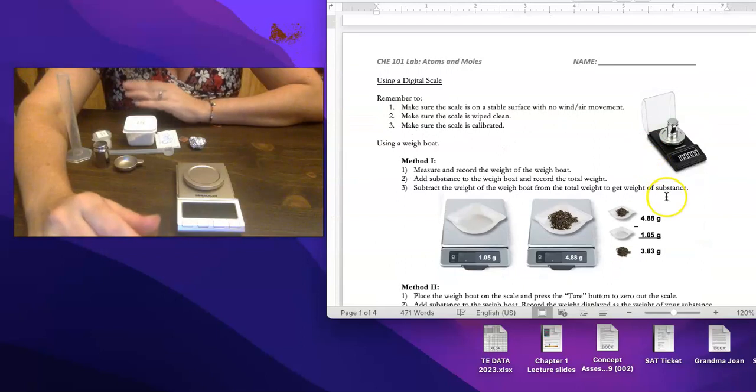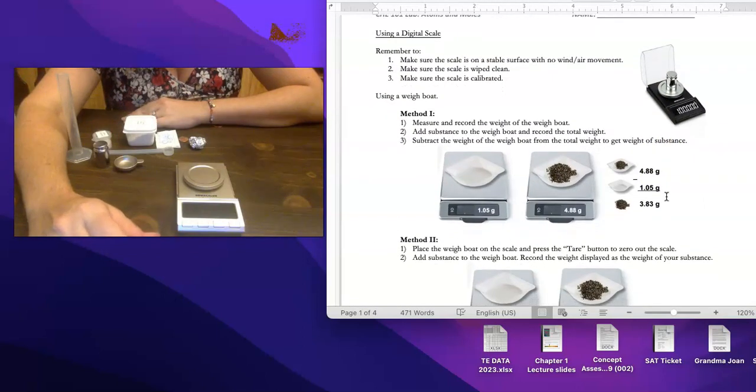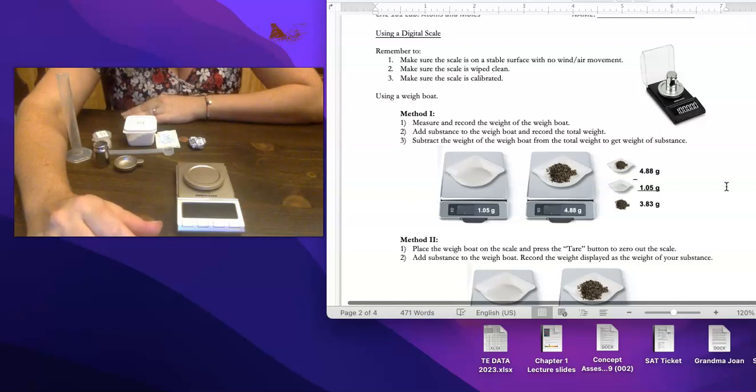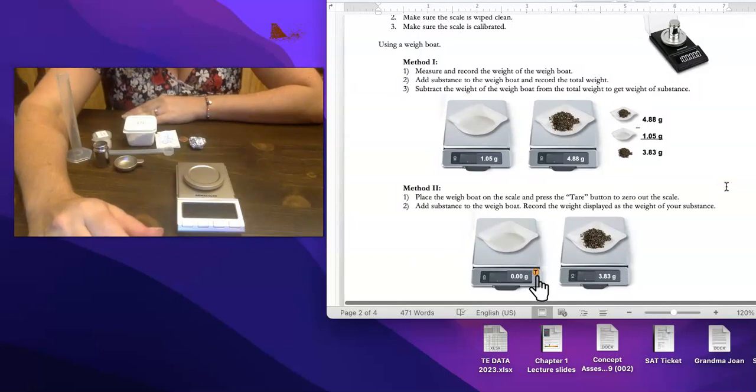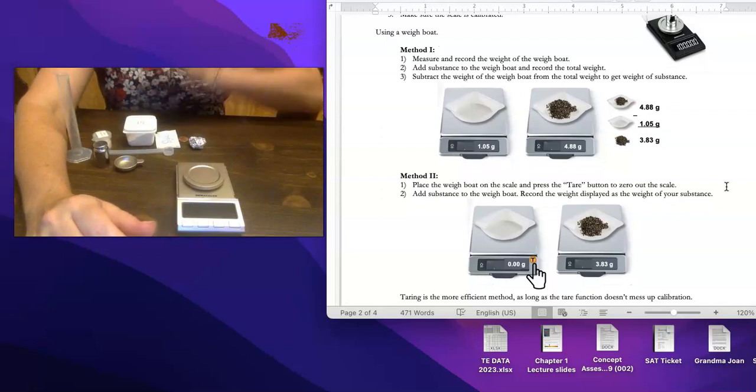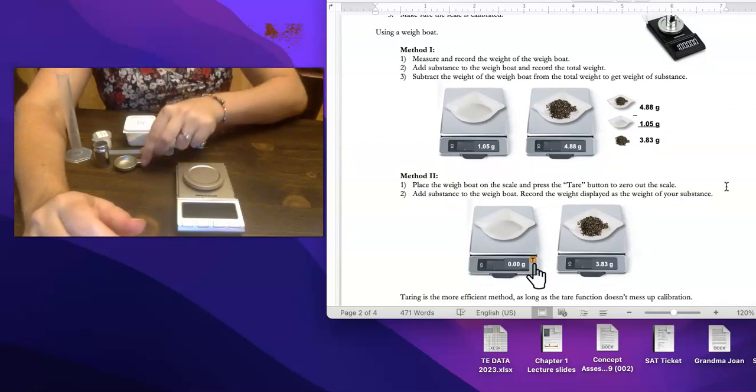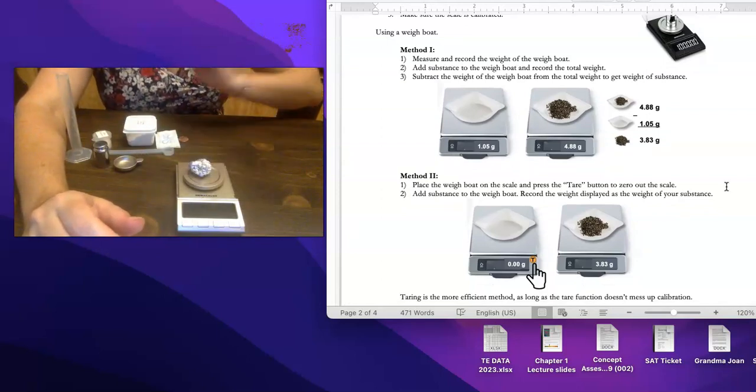So again, anytime we're using our digital scale, we first want to calibrate it. If you need a reminder how to calibrate it, watch the density and measurement video. There's also a little bit of a reminder about taring, because for some of these procedures, some of these things we can weigh directly on the scale, like the aluminum foil and the penny.